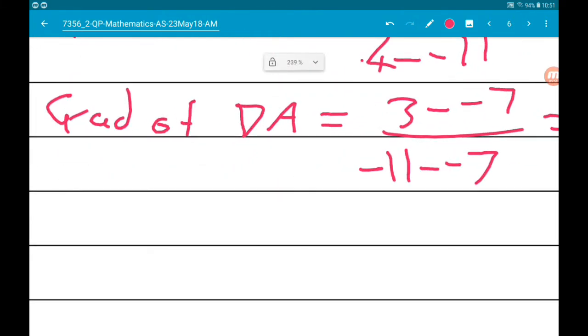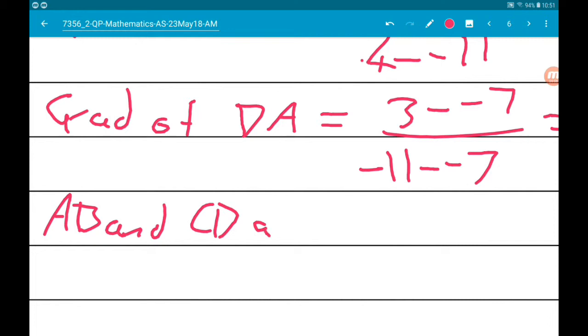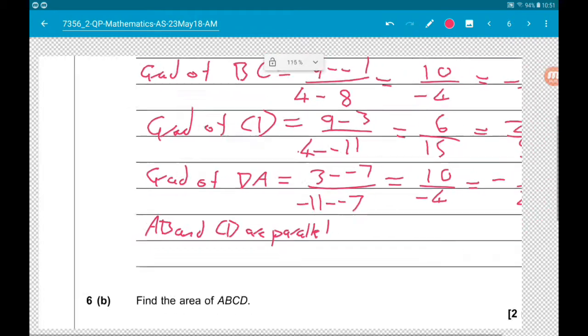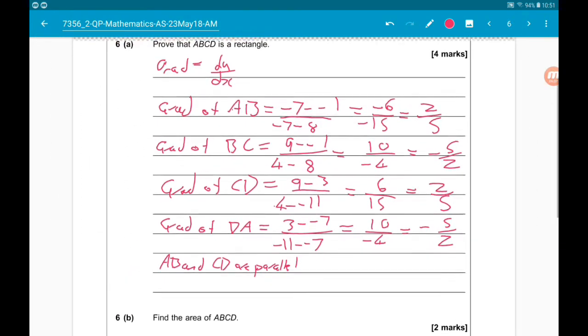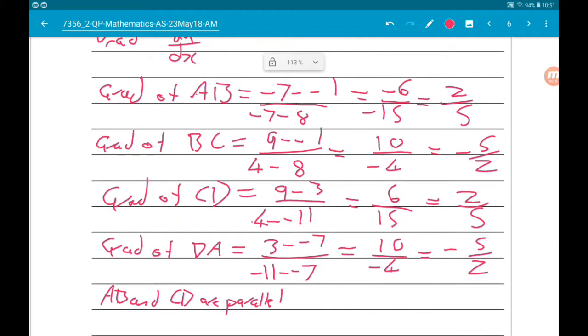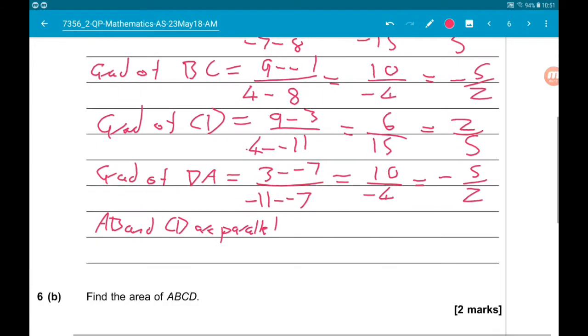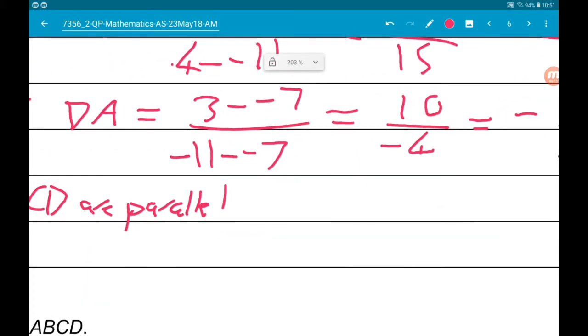So AB and CD are parallel, and also BC and DA are parallel.